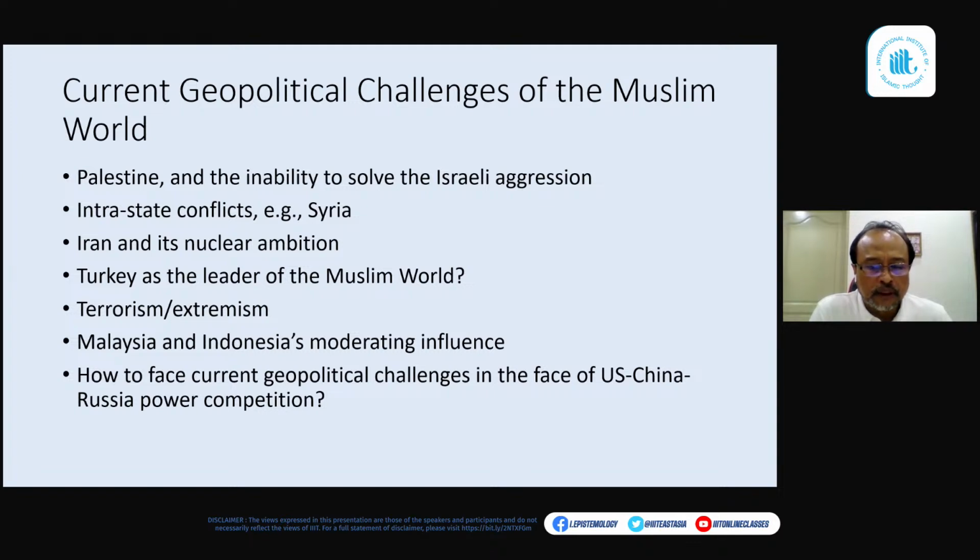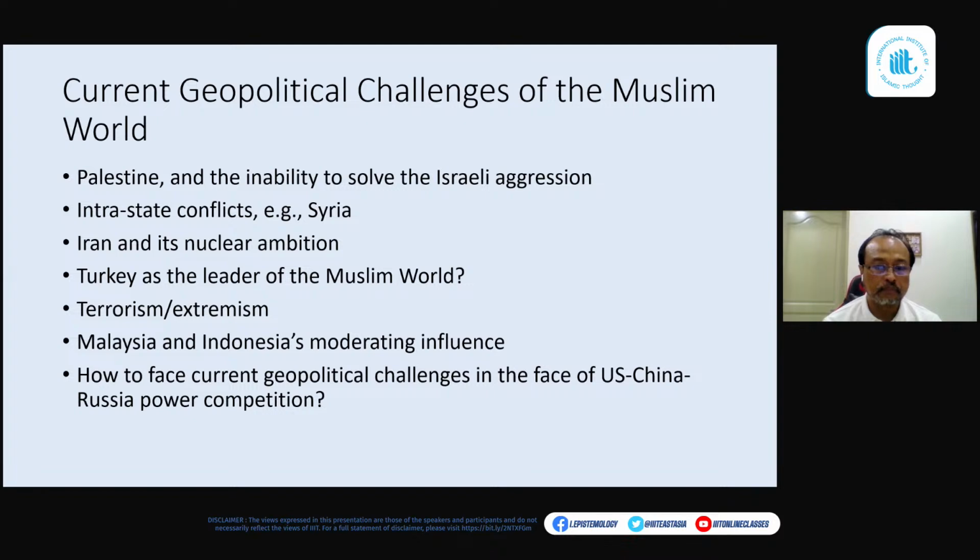Of course, among Muslim states, probably we don't have this consensus, but there is this perception in the West that Turkey is trying to position itself as the leader of the Muslim world.